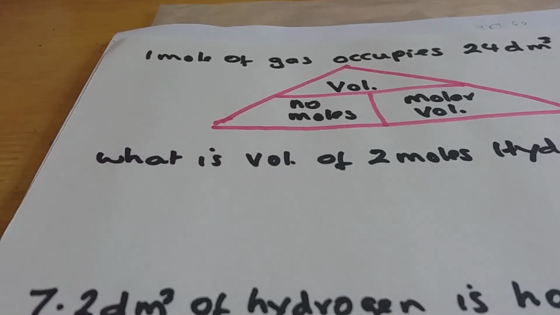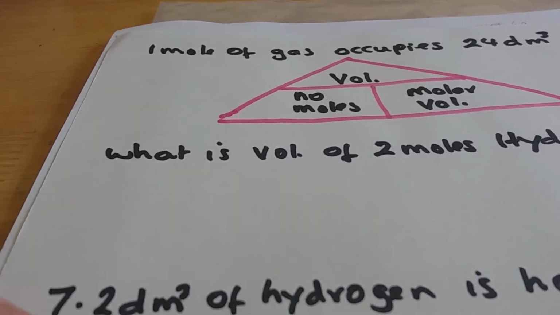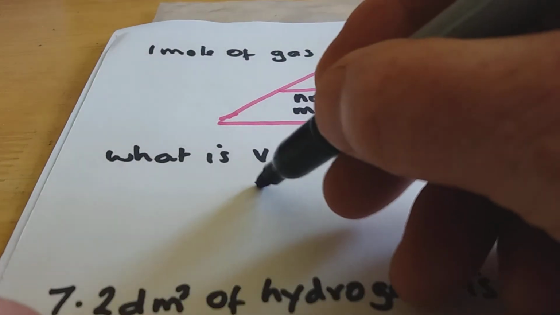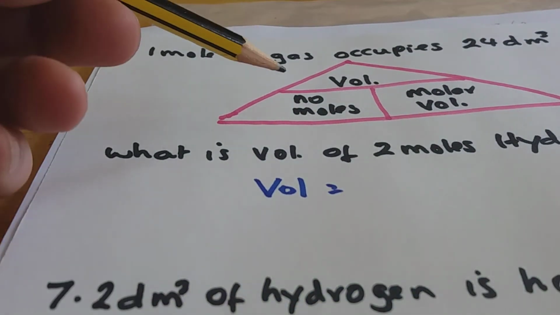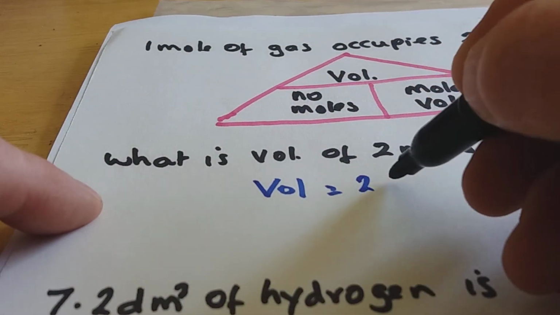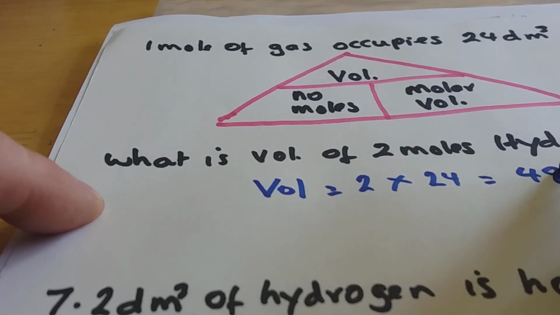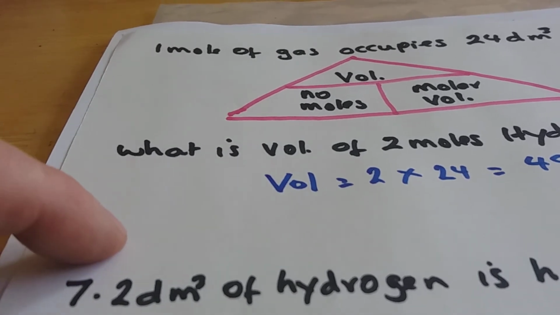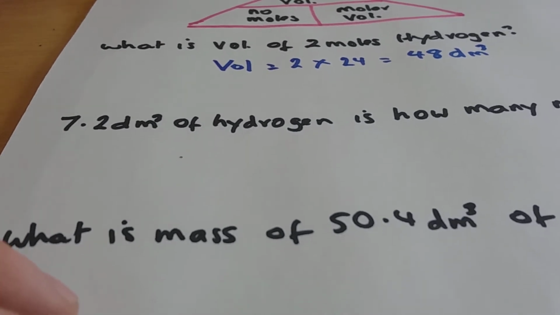So without further ado, what is the volume of 2 moles of hydrogen? Now 1 mole we know is 24 decimeter cube, so volume equals the number of moles times the molar volume. So 2 times 24 equals 48 decimeter cube. Now, next part.